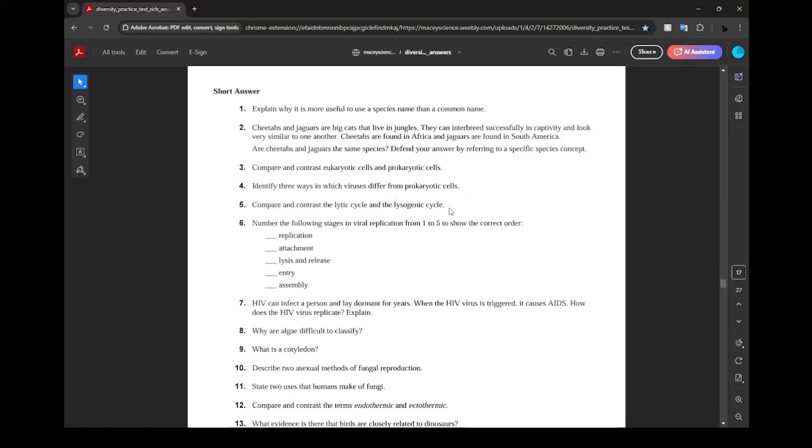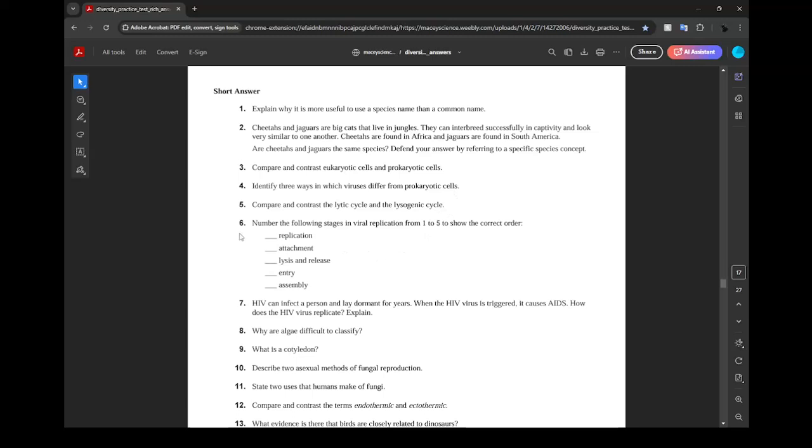Lysogenic, on the other hand, it's like you're hiding, you're lurking, and you're waiting for one trigger of, let's say, emotional stress, and then boom, so much replication is now there, and bam, you just have a whole bunch of bacteria starting up, and that's why a lot of viruses tend to hide.